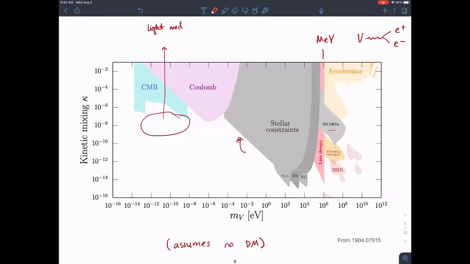Light will mean much lighter than the dark matter in this case. Say kinetic mixing of 10⁻⁶. That will be relevant for one of the benchmarks. And then the heavy mediator limit will be relevant for a thermal freeze-out benchmark.